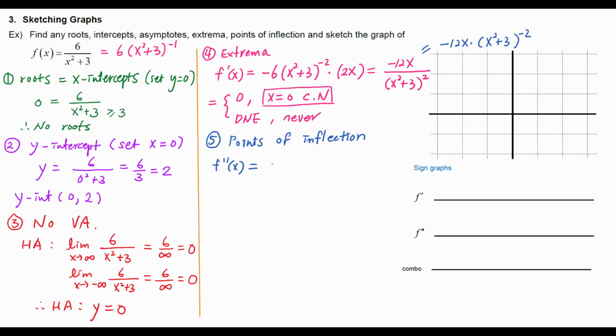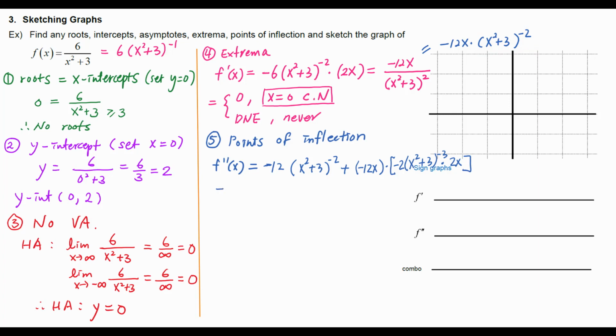So that will be negative 12 times x squared plus 3 to the negative second power plus negative 12x times the derivative of quantity x squared plus 3 to the negative second power, which will be negative 2 times x squared plus 3 to the negative third power times the chain rule 2x.